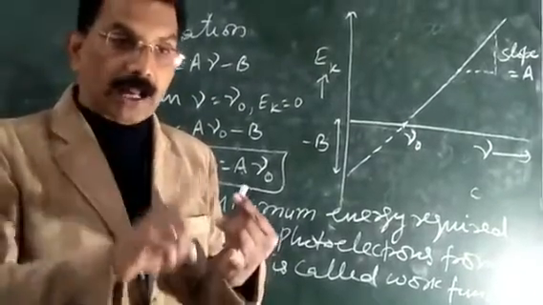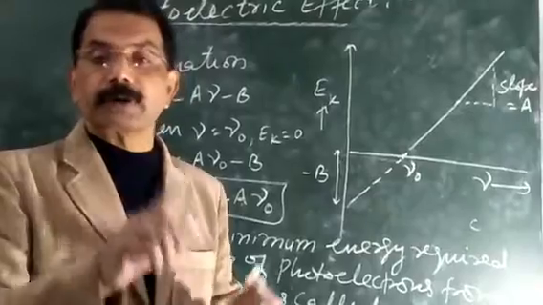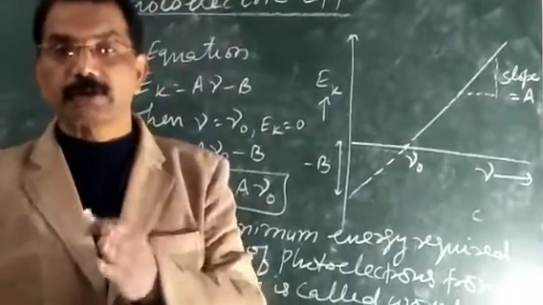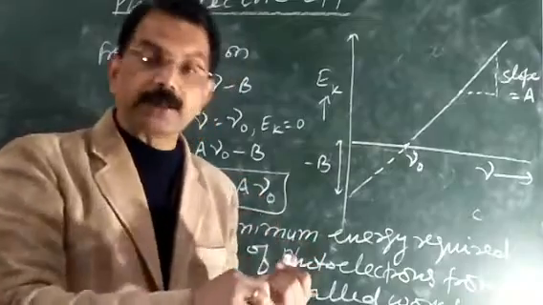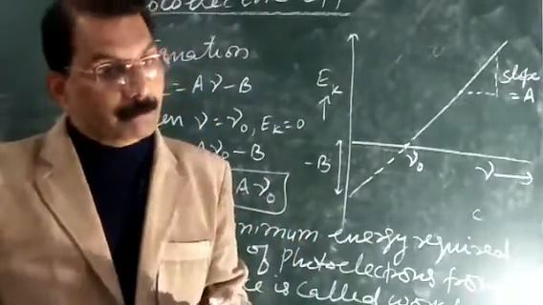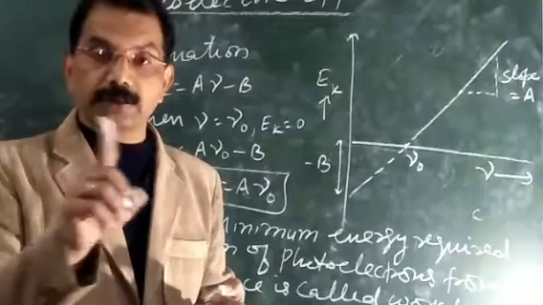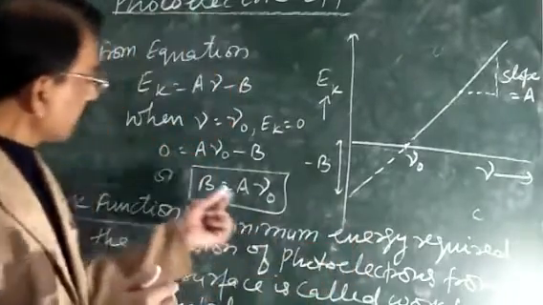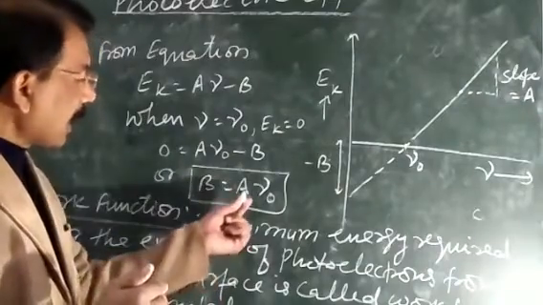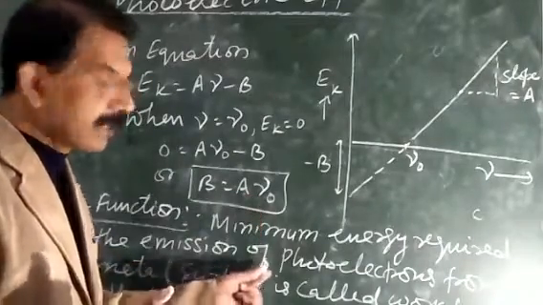Remember this: the maximum wavelength of light required for the emission of the photoelectrons from a metal surface is called the threshold wavelength. Why? Because if the frequency is minimum, then the wavelength has to be maximum. So be careful with these two terms: maximum wavelength required. In this way you can define the threshold frequency as well as the work function for any metal.